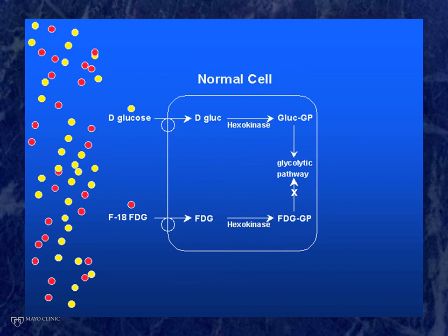This radioactive material, called FDG, is pumped into cells just like normal glucose is pumped into cells, and it accumulates in cells in relationship to this pumping. It can't be used for energy because it's just a little bit different, but it can be pumped into cells.